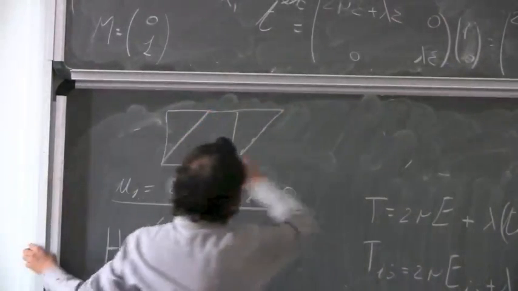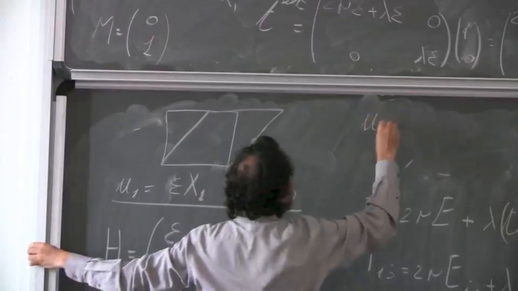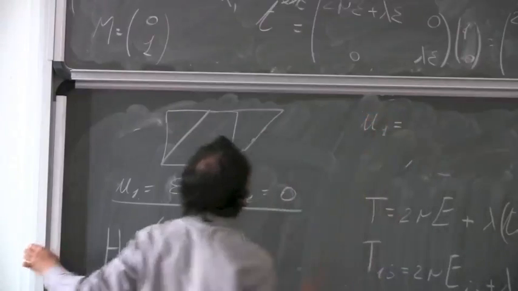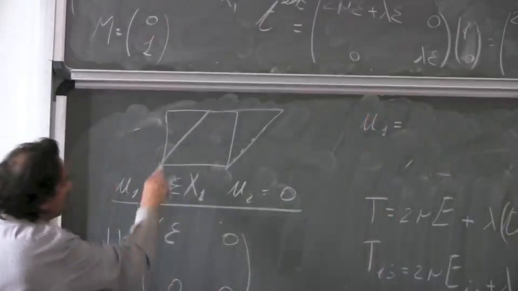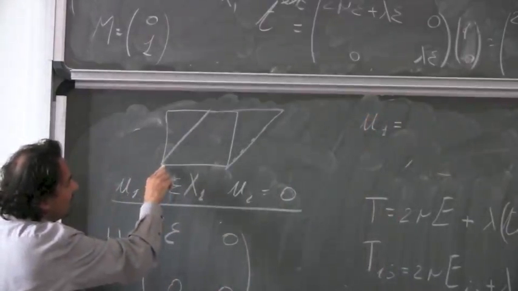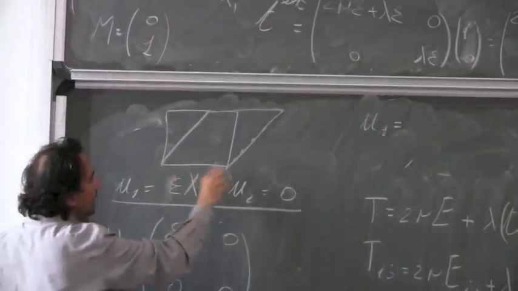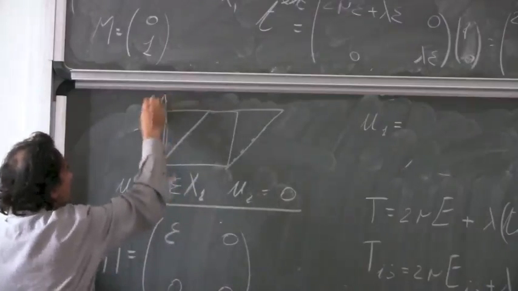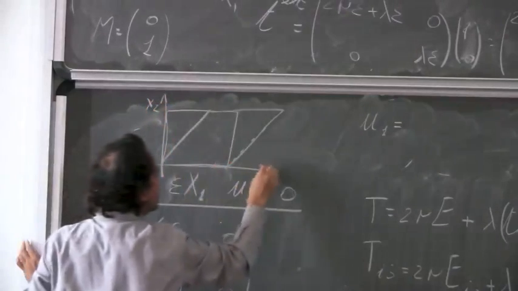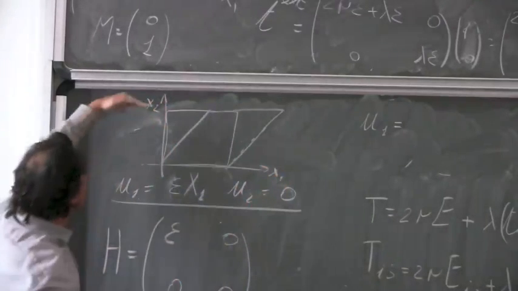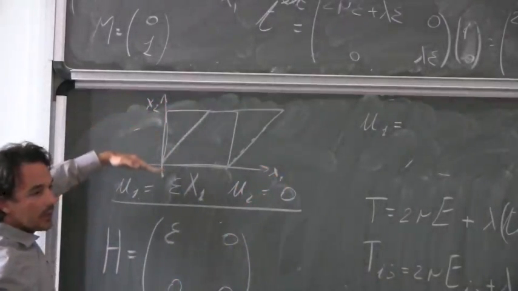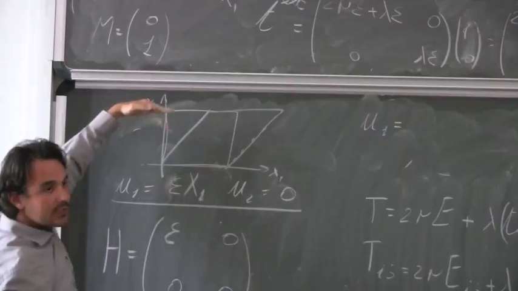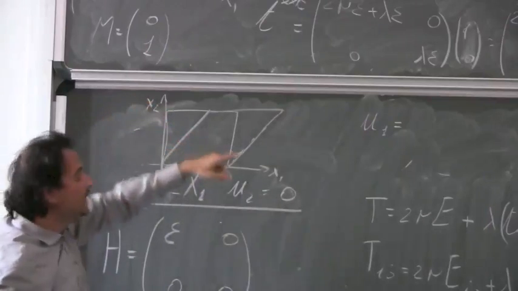We can say that u in the one direction is 0 when x2 is equal to 0, and as far as x2 is increased, u1 is increased.